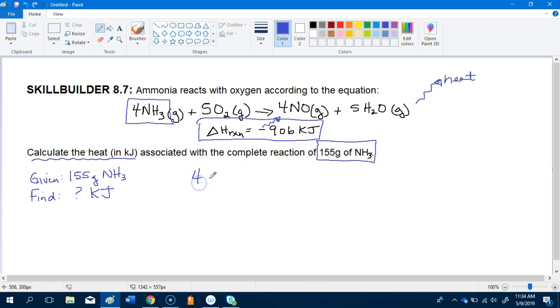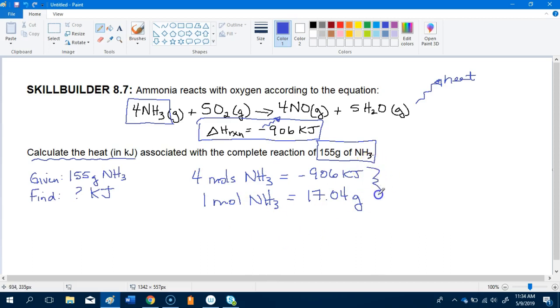So 4 moles of NH3 is going to give me negative 906 kilojoules of energy emitted. And then I also am going to use the molar mass of NH3, which I've already calculated to be 17.04 grams from my periodic table. Those are my 2 conversion factors that I'm going to use.